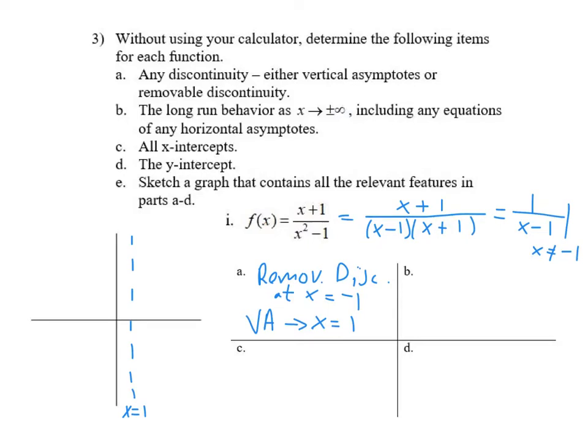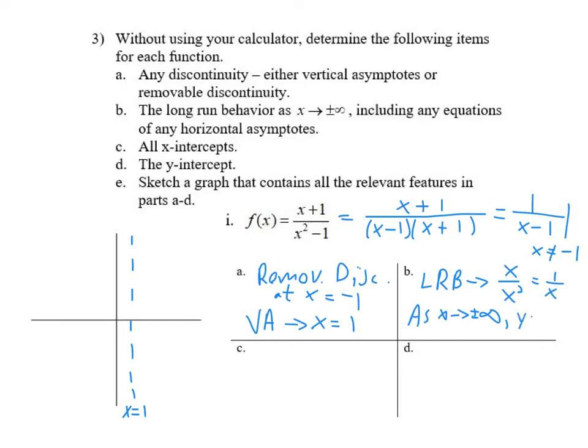Okay, so moving on to the long-run behavior of this function. LRB we know is going to be the highest degree term from the top, which looks like it would be x, over the highest degree term from the bottom, which looks like it would be x squared. So that will simplify to just 1 over x, and this is that situation where, you remember, we're thinking as x approaches plus or minus infinity, what's going to happen to the 1 over x, or the y.